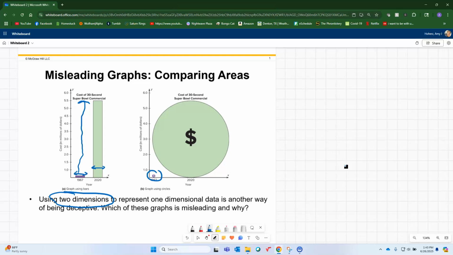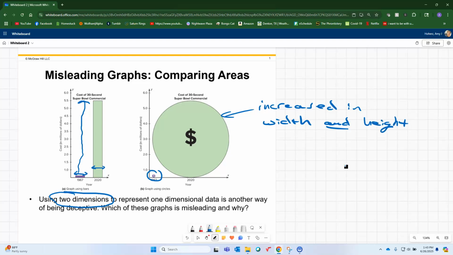So we truly see the magnitude of increase from the purple bar to the green bar. Whereas over here, when you use a 2-dimensional shape like a circle, this one has not only increased in height, it has also increased in width and height.